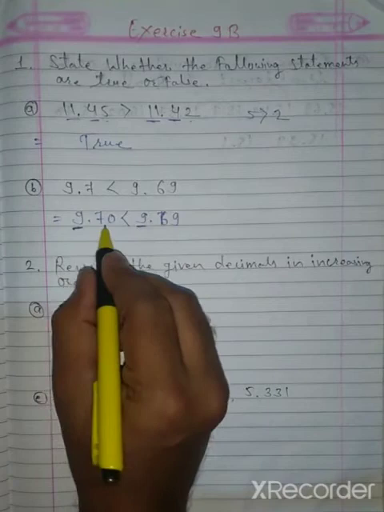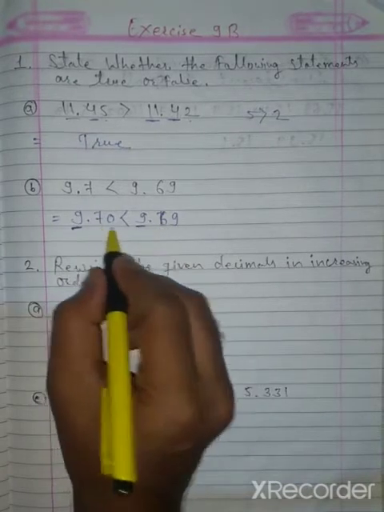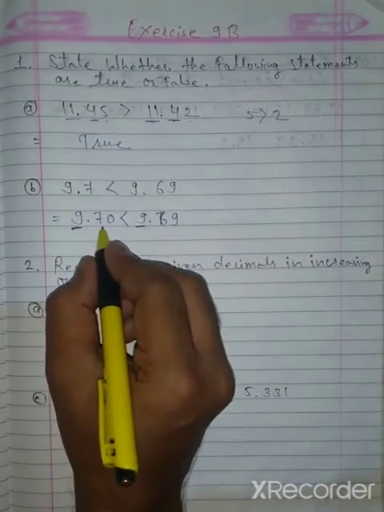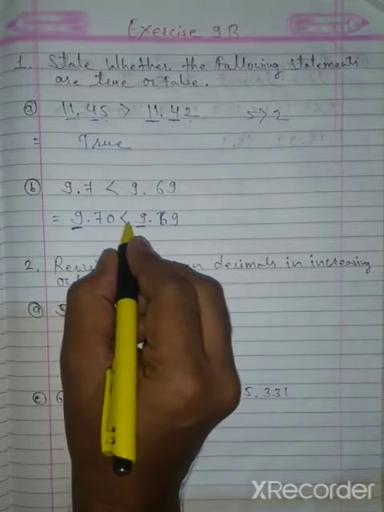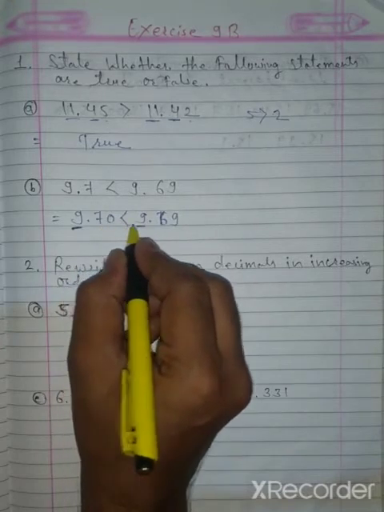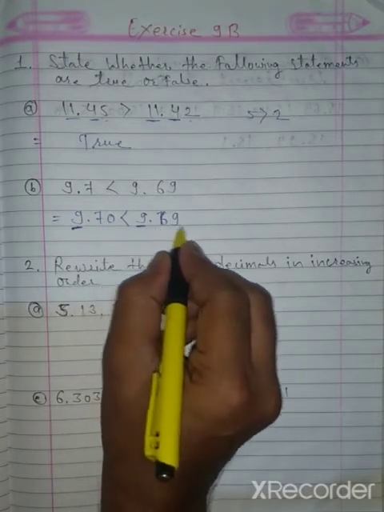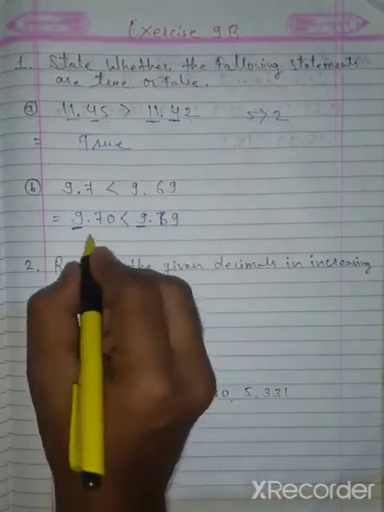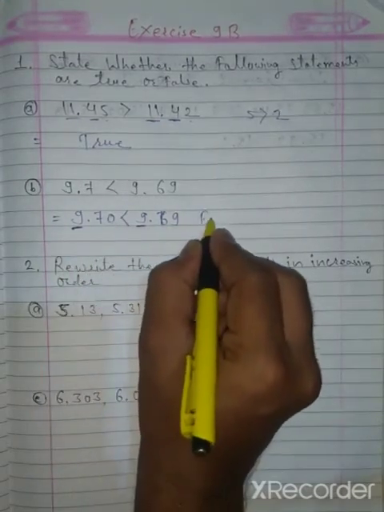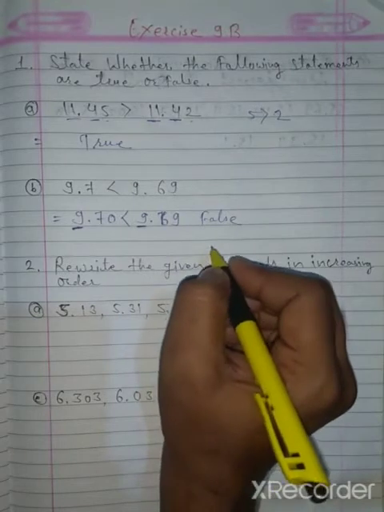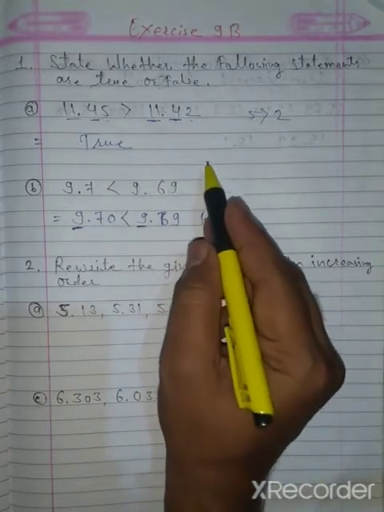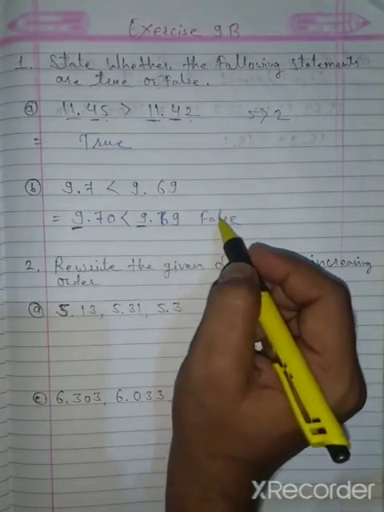Now decimal place 7 and here 6, so 9.70 is not less than 9.69. So this statement is false. With the help of this method you can solve all the questions.